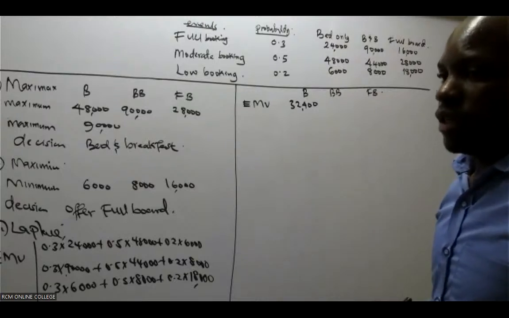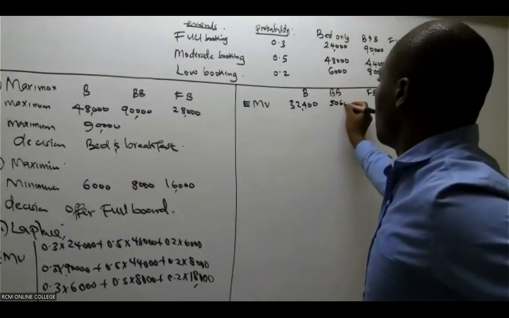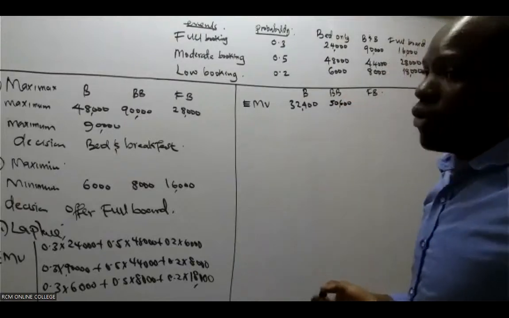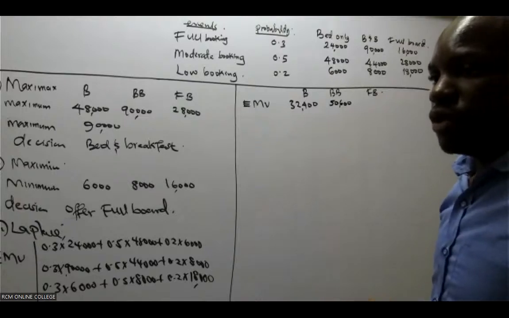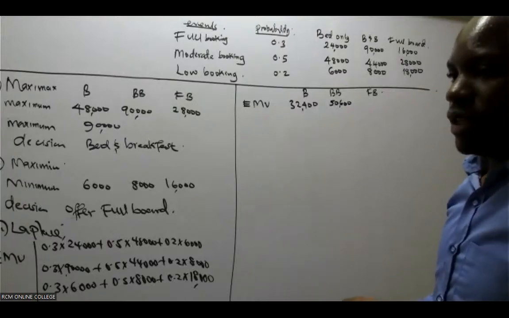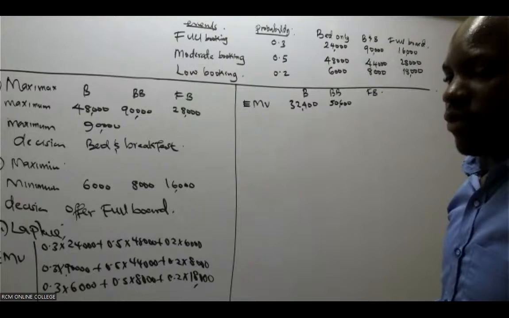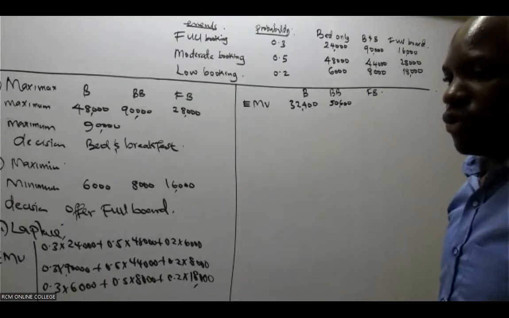Bed and breakfast, 5,600. Then full board? Someone to support or disagree with what Truth is telling us there before I indicate it down.